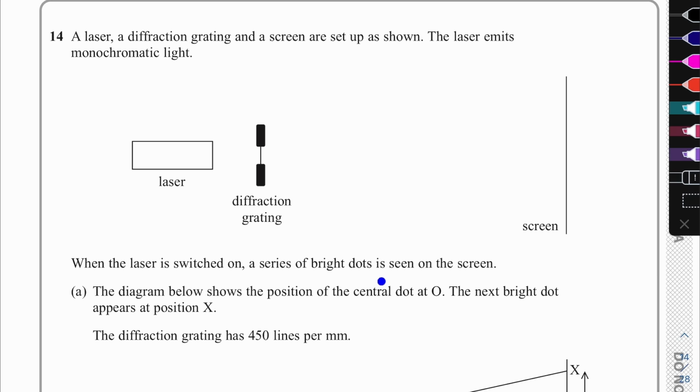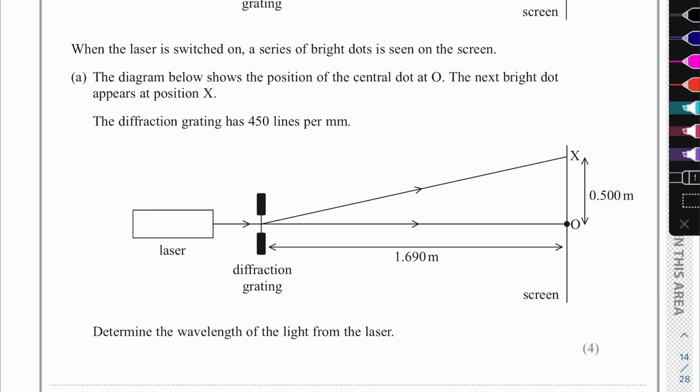The diagram below shows the position of the central dot at O. The next bright dot appears at position X. The diffraction grating has 450 lines per millimeter. The question asks us to determine the wavelength of the light from the laser.